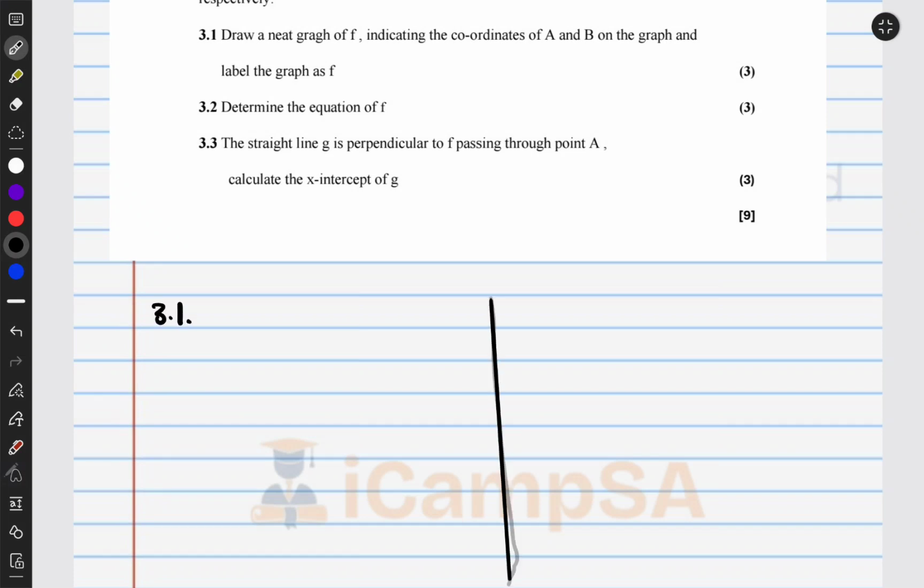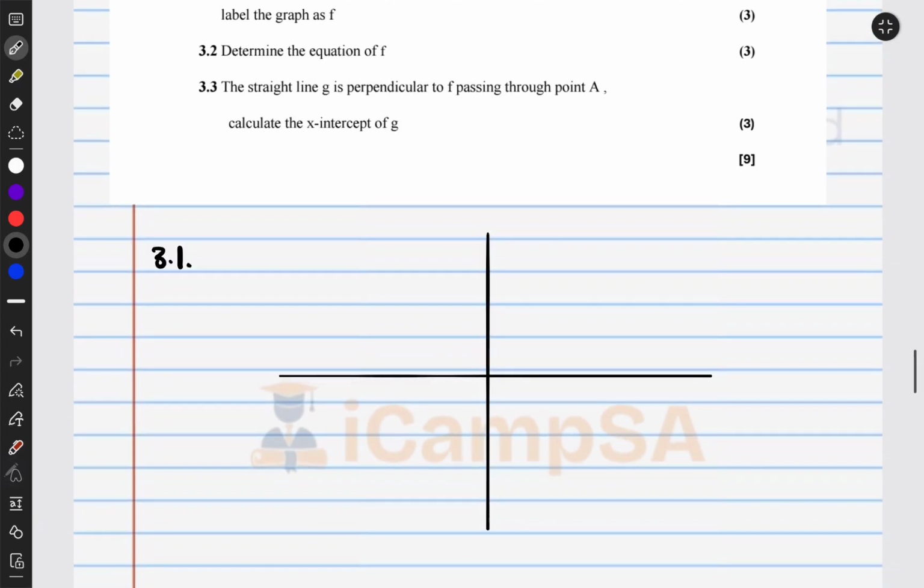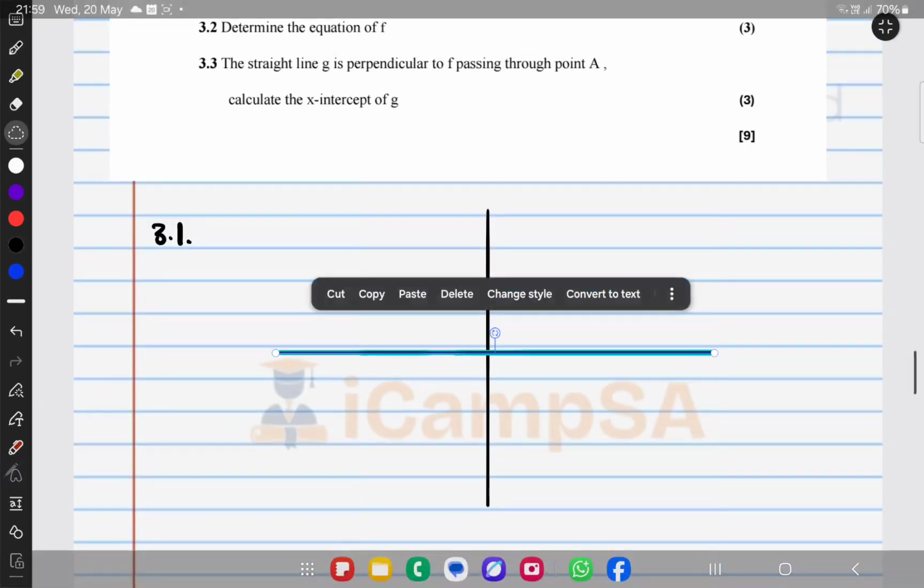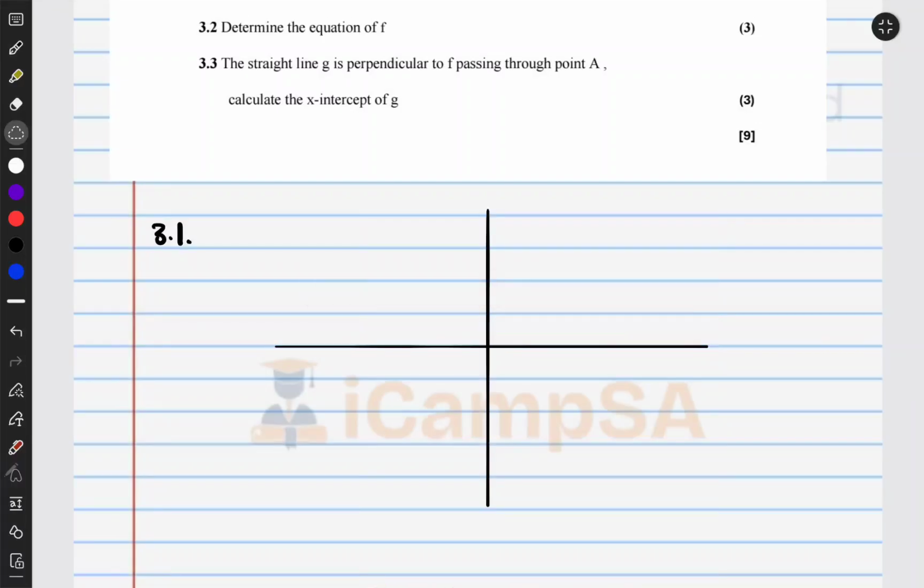So whenever we're sketching, we start by drawing our Cartesian plane. And then we calibrate our Cartesian plane. We have to calibrate so that we can be accurate.